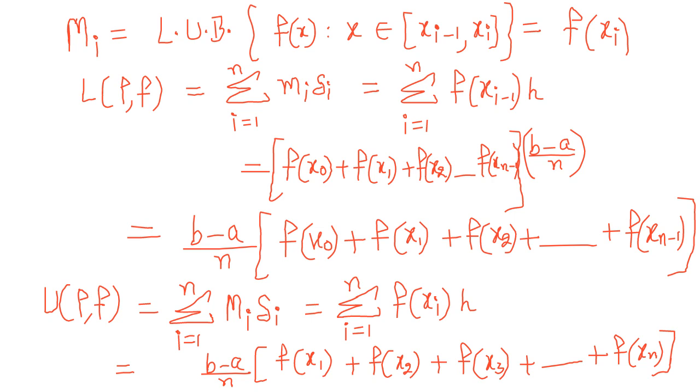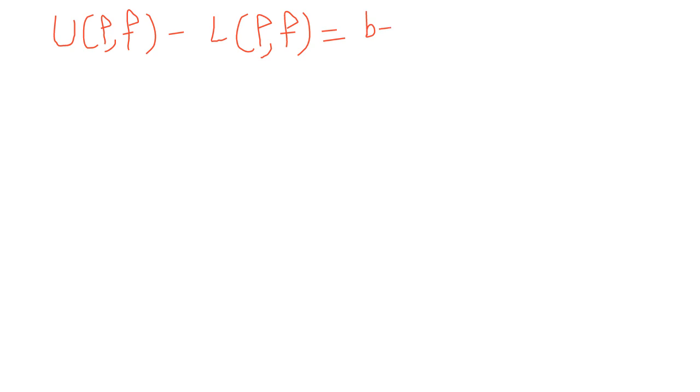Okay, so now you have to subtract it. So you will get here UPF minus LPF, that is equal to b minus a upon n, this is common. So you will get here f of xn minus f of x naught.